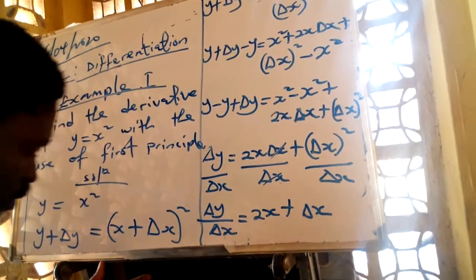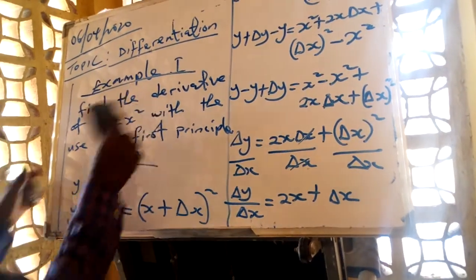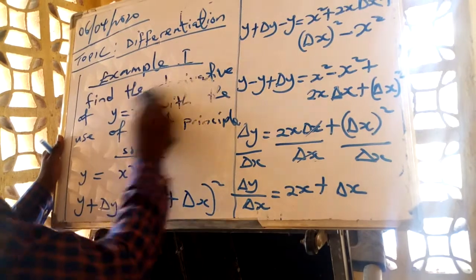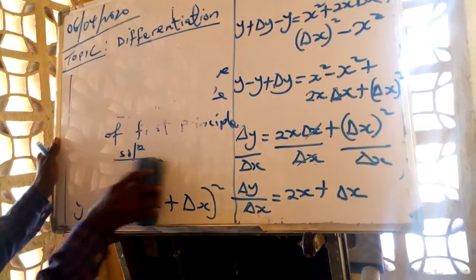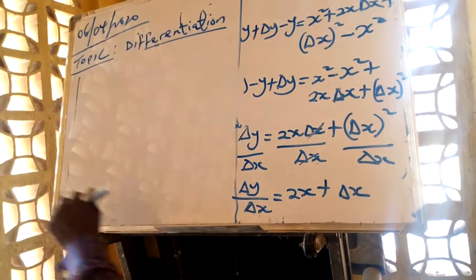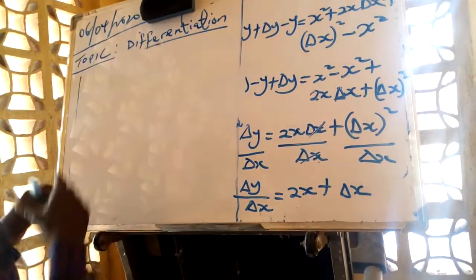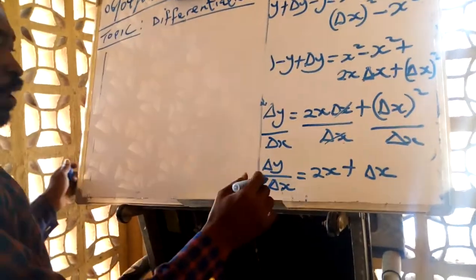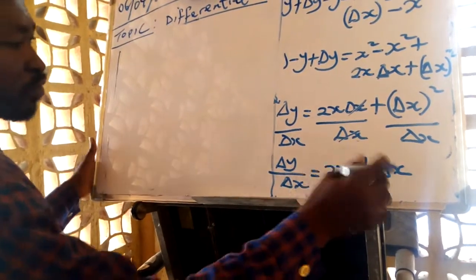So from here now, let's see how we can analyze this. I want to clean this portion of the board right now. Looking at this now, we have delta y over delta x equal to 2x plus delta x.